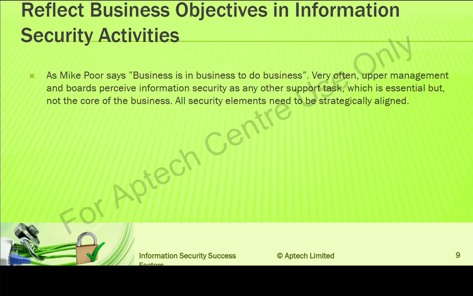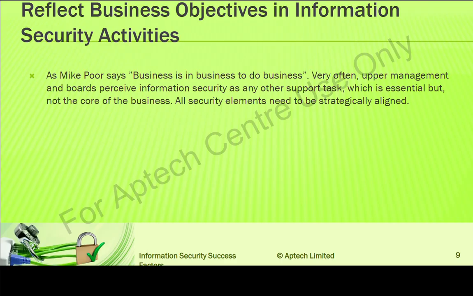Now let's talk about reflecting business objectives in information security activities. As Mike Paul says, business is a business to do business. So very often, upper management and the board perceive information security as any other support task, which is essential but not the core of the business.